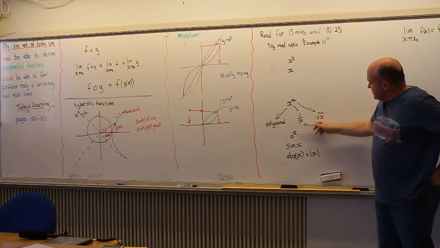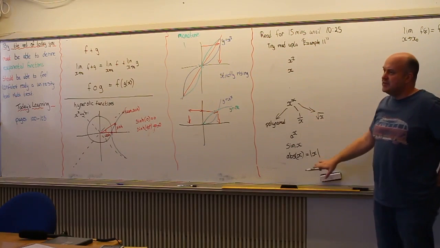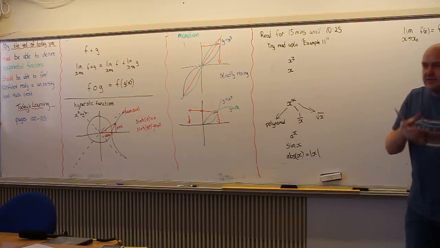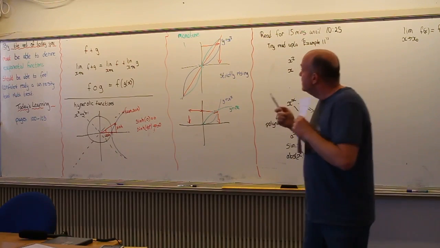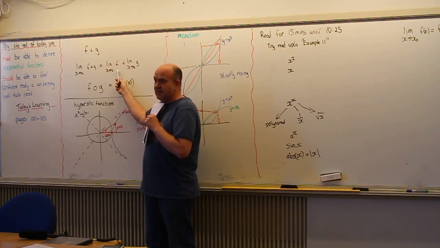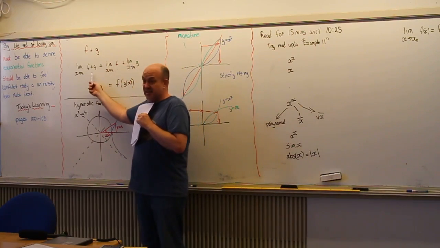And these functions are all continuous, and if you add them together using the laws to do with limits, the limit when you add them together is the same as the limit for each one. It's basically saying this is continuous, so this has to be continuous.